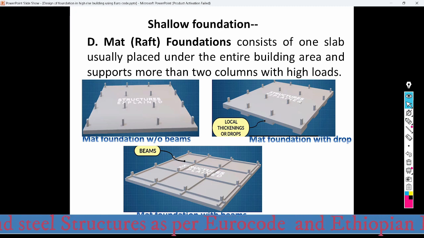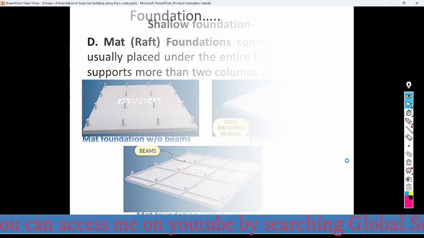Those are the three most common types of mat foundation being used in our country, and the rest are usually used in other countries, that is, outside Ethiopia.